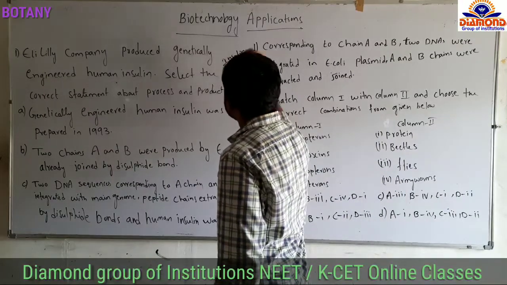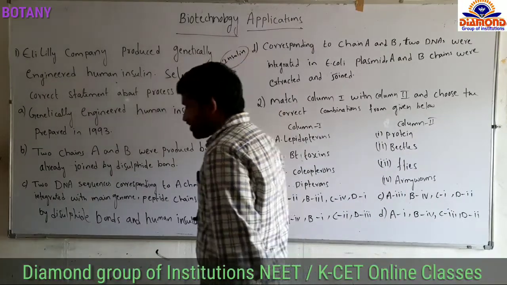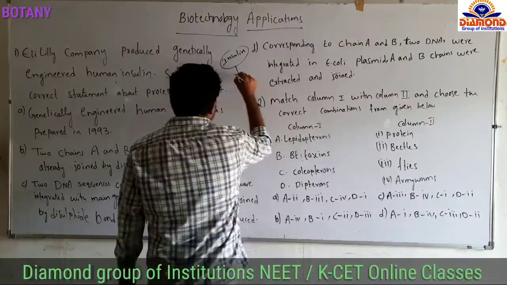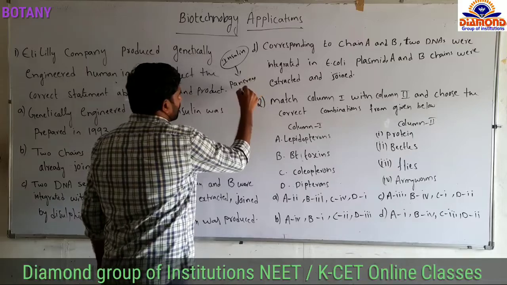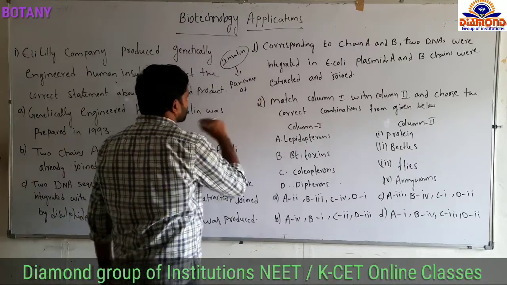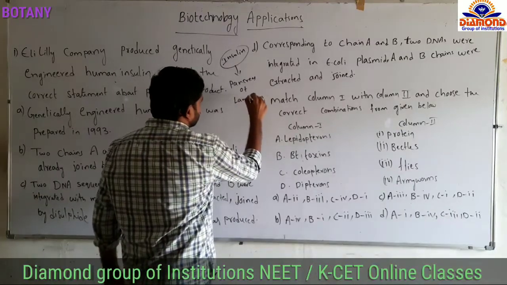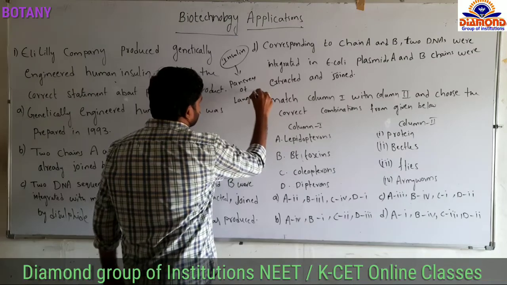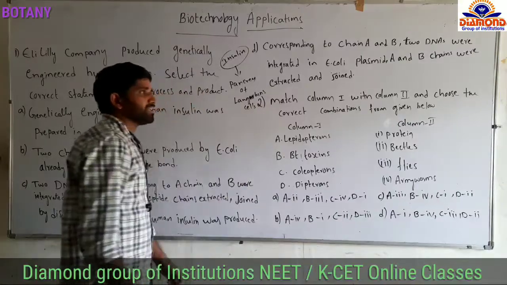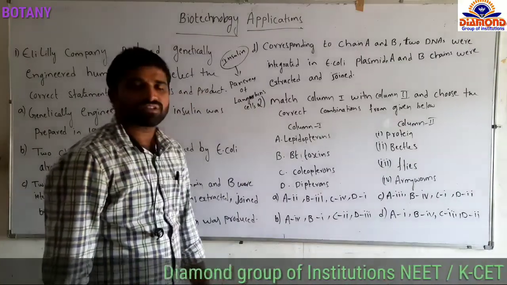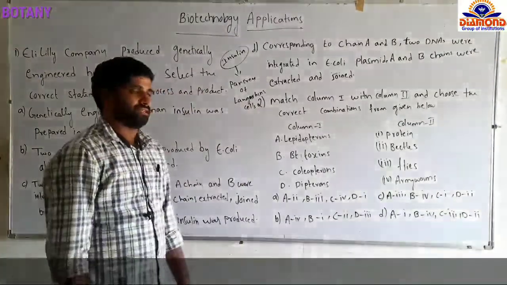So the question is from insulin. Insulin is produced from the pancreas, from the islets of Langerhans cells. It can maintain the glucose level in the blood.